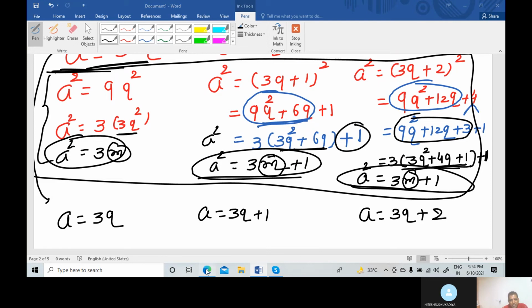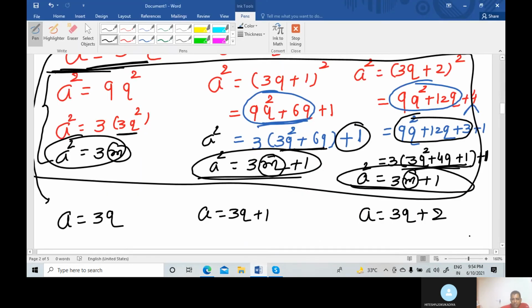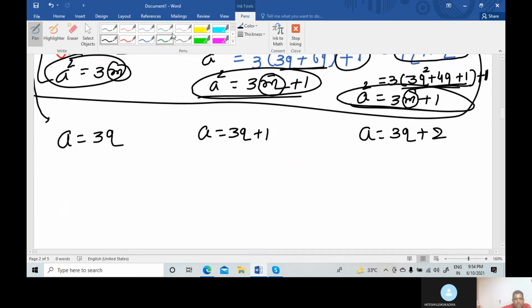Now read your question. Use Euclid division lemma to show that the cube of a positive integer... Now we take the cube. Look at these 3 results and cube both sides. Now a cube equals 3 cube, which is 27q cube.